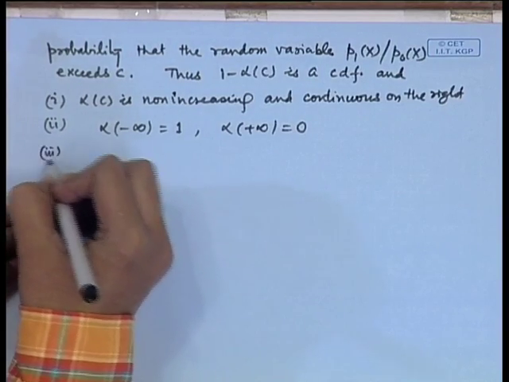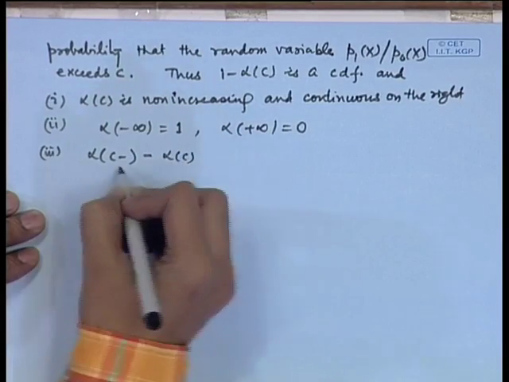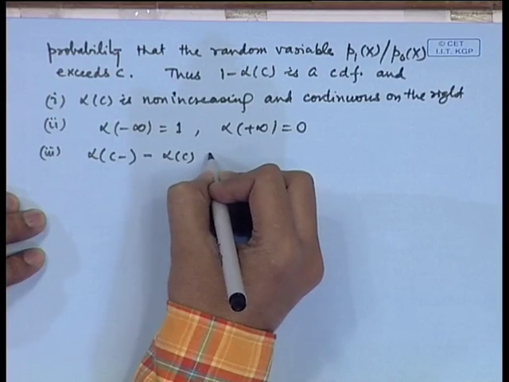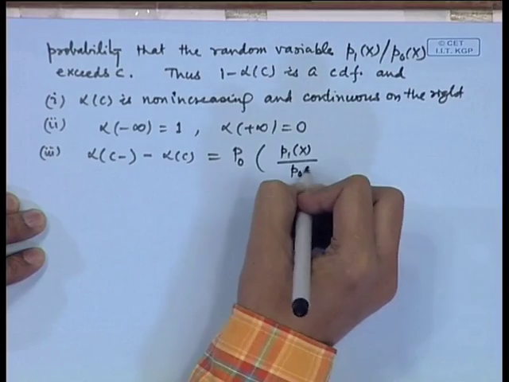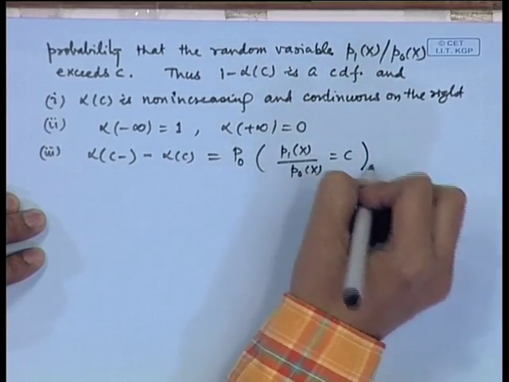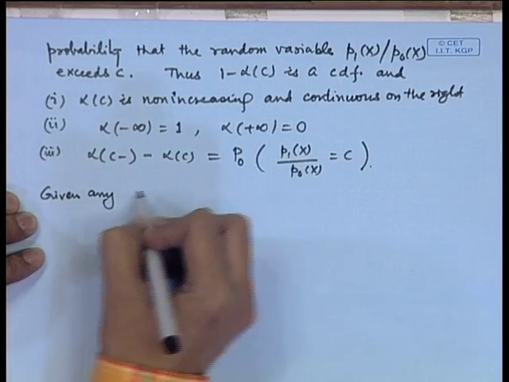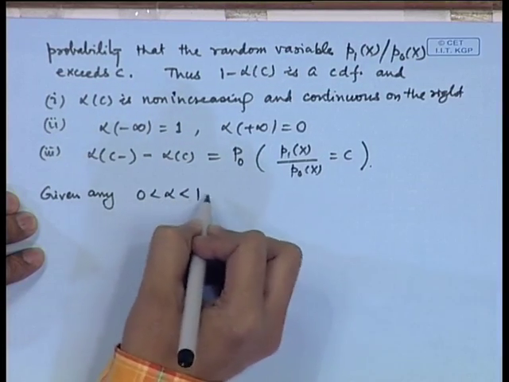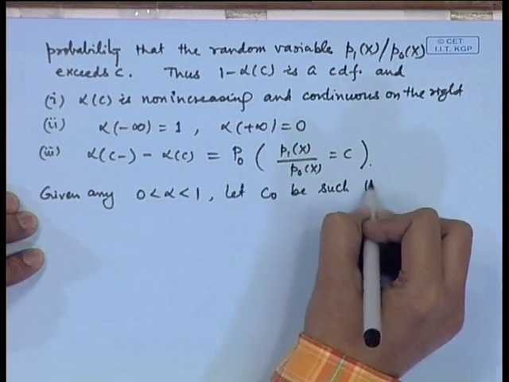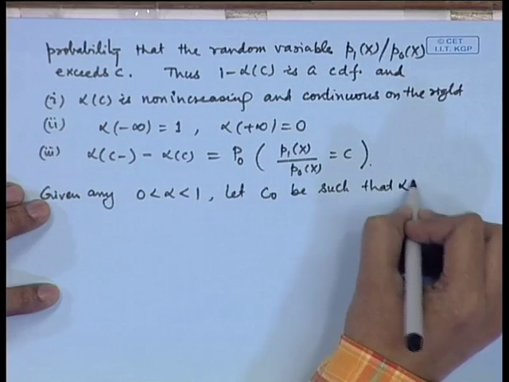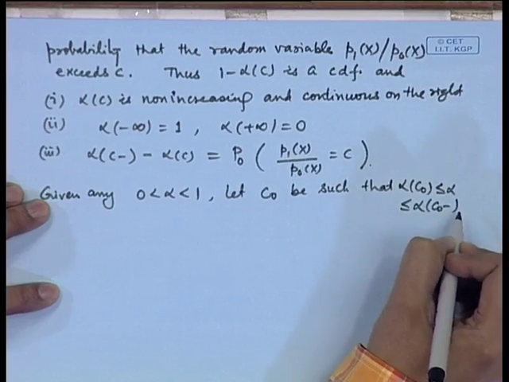The third is that alpha c minus alpha c minus, that is the left hand limit at c, is the probability that P 1 x by P naught x is equal to c. So, given any alpha between 0 and 1, let c naught be such that alpha c naught is less than or equal to alpha, which is less than or equal to alpha c naught minus.